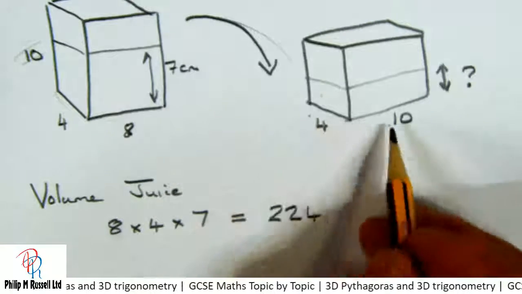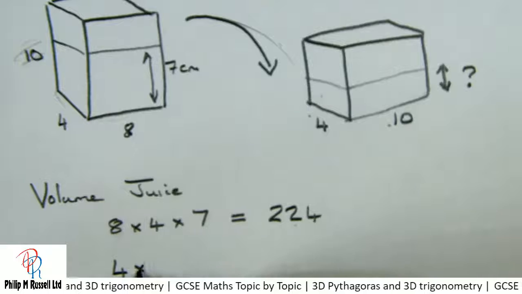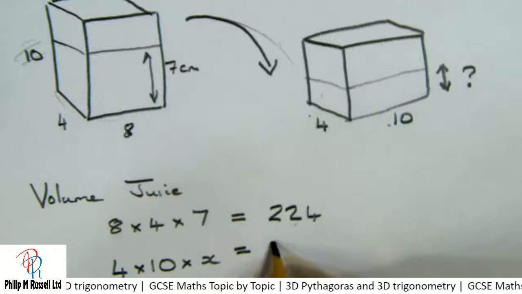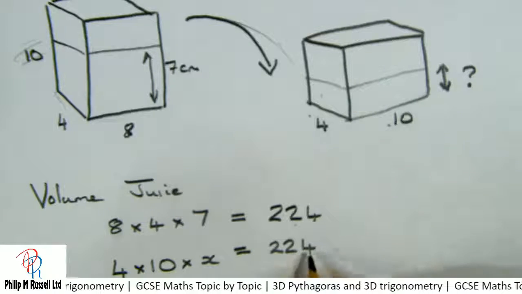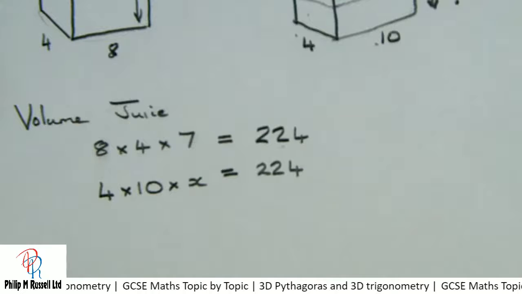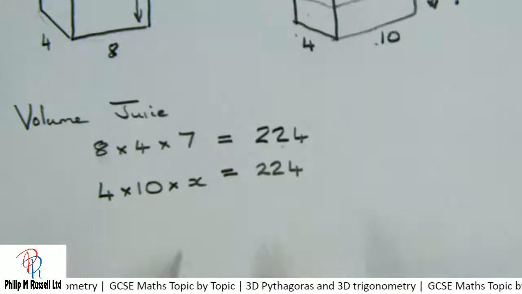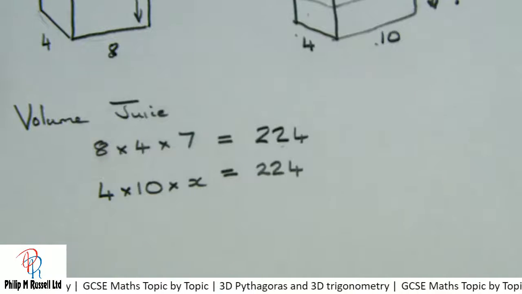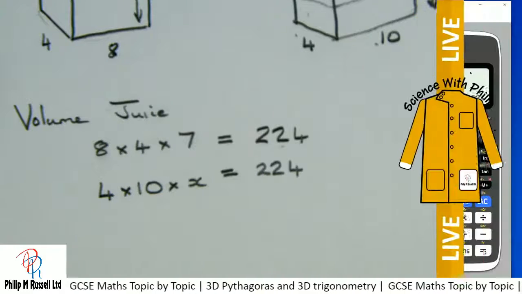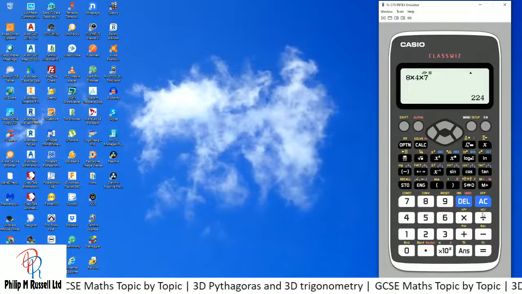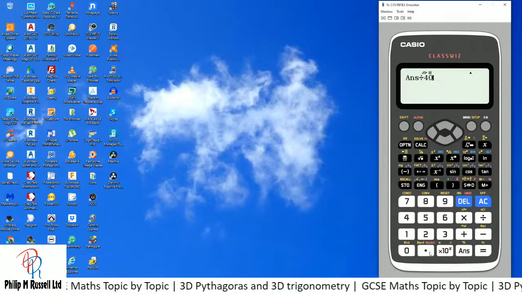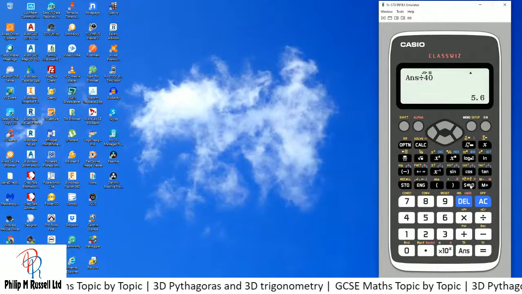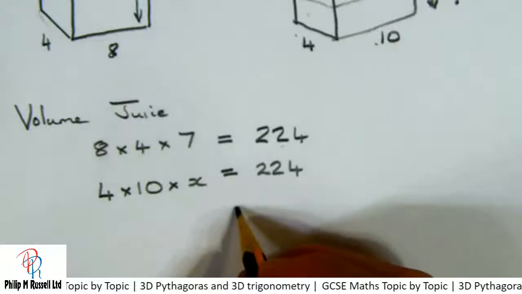Because 4 by 10 is going to give me this. And what looked like a simple problem becomes really quite simple, because this is simply my 224 divided by 40, and that's going to give me a height of 5.6.